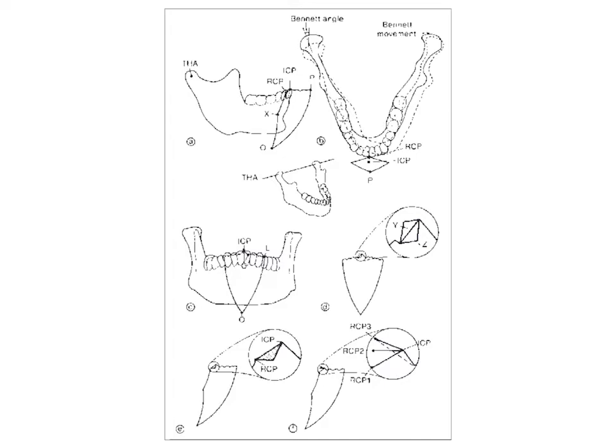The teeth are in occlusion from RCP to the fully retreated position at P. In opening from RCP to X, the mandible rotates in a pure arc of a circle around the axis, that is the terminal hinge axis, also known as the THA, which passes through the condyle. X is the maximum opening that can be made without the condyle moving forwards, and R is the maximum opening with the condyle fully protruded.